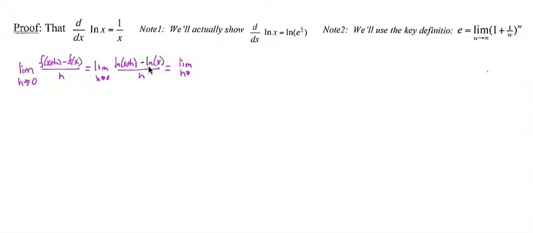So the limit as h approaches 0, I'm going to pull out the dividing by h out here as the first factor. And then this is going to be the natural log of x plus h divided by x. And then we're going to simplify this.